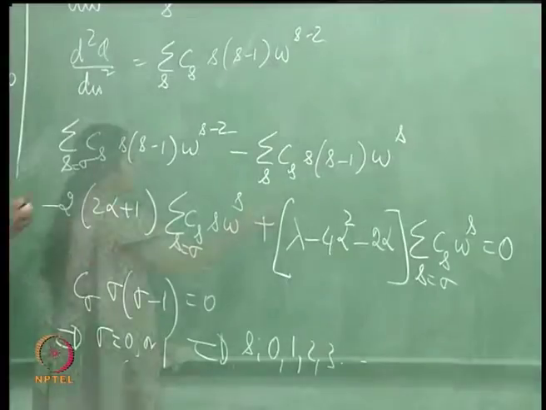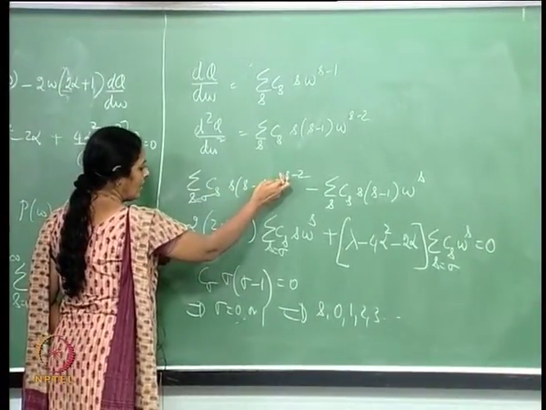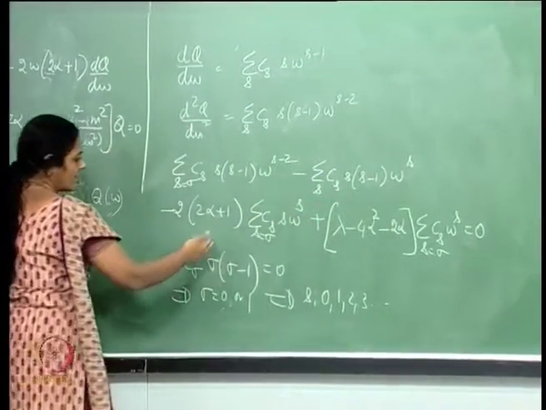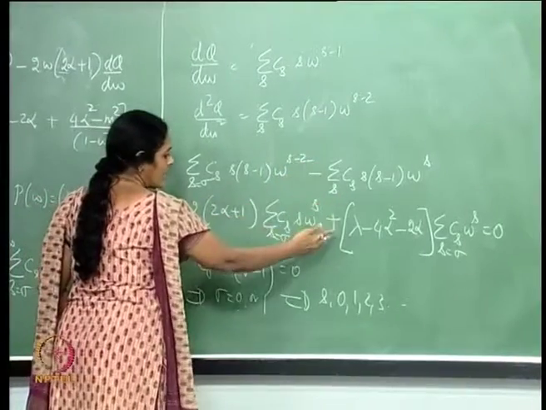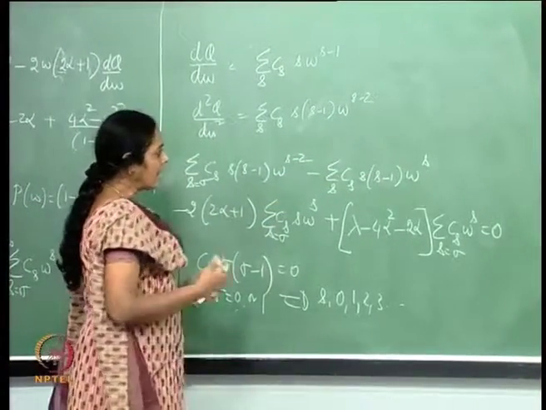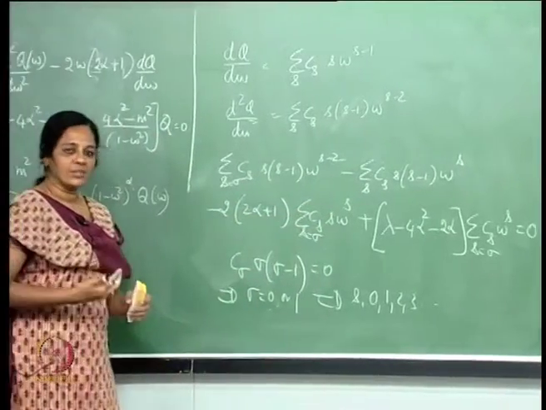This is the equation for small s. Now, for all other values of s, because the coefficient is w to the s, we can again equate the coefficient to 0, and as in the case of the oscillator, we can get a recursion relation.